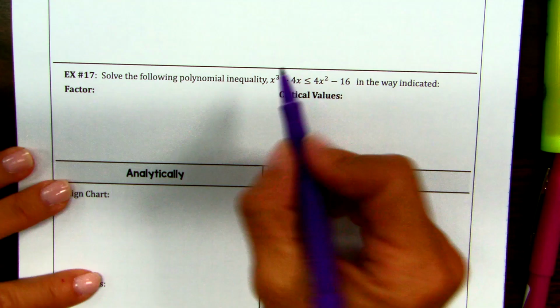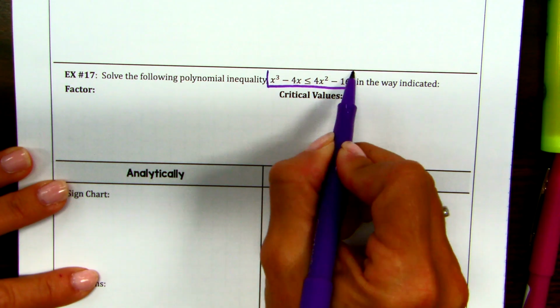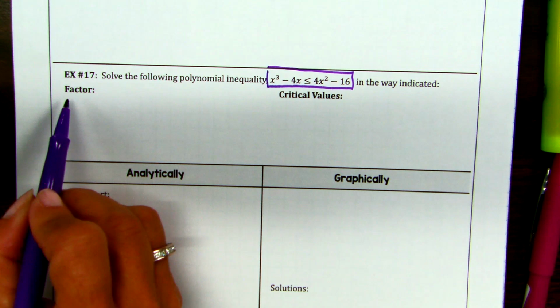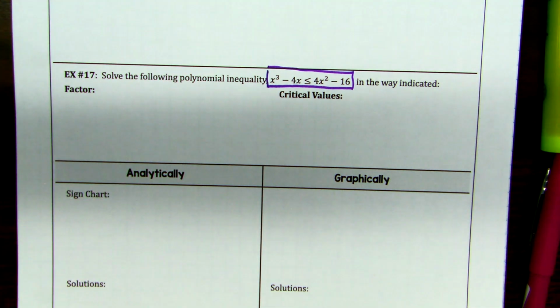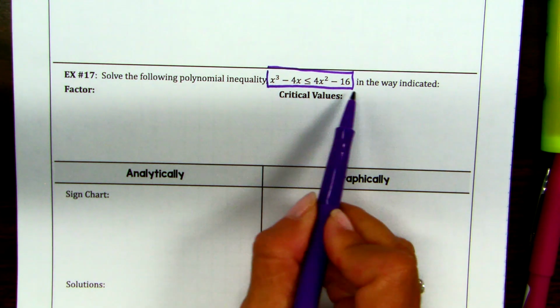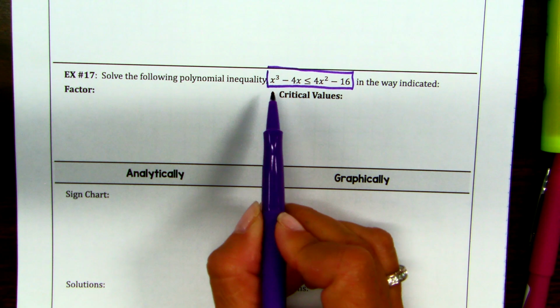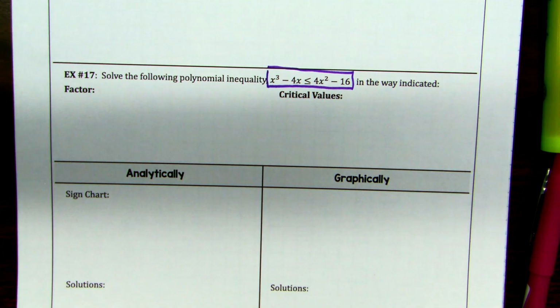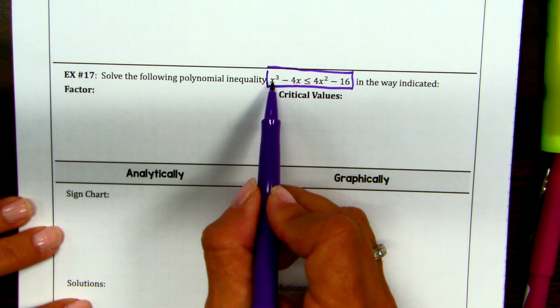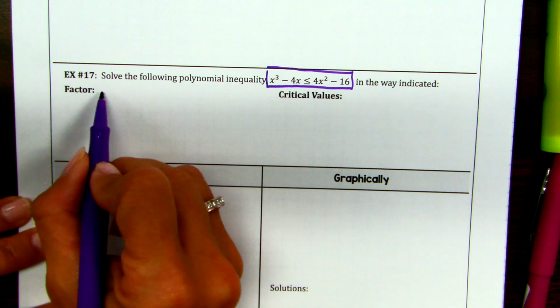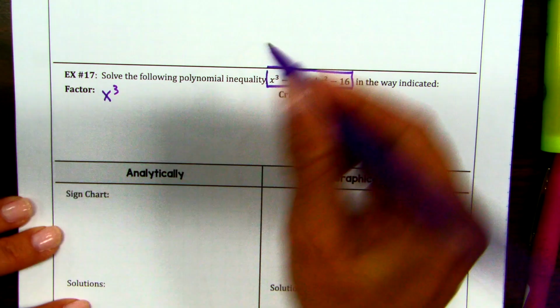So we are given a polynomial, and the first thing we're going to do is factor it. To be able to factor this, we have to get it in standard form. So I'm going to rewrite this polynomial in standard form, which means my exponents are all on one side together in descending order. So this is a degree 3, right? That's my biggest power. It's a cubic. So I'm going to start with x to the 3rd.